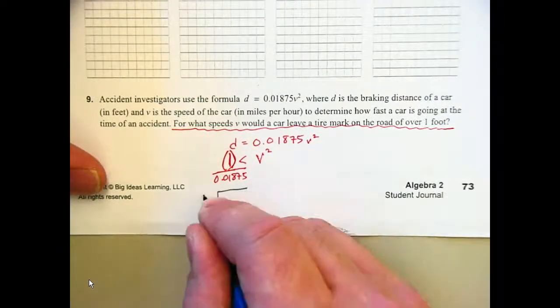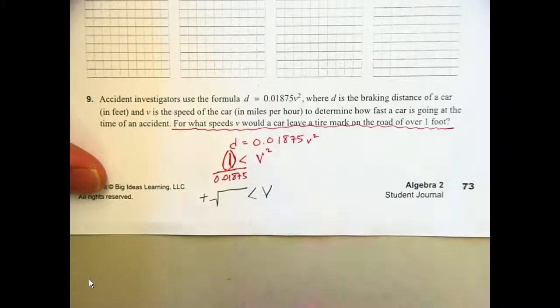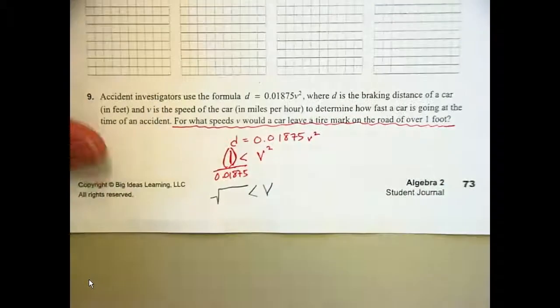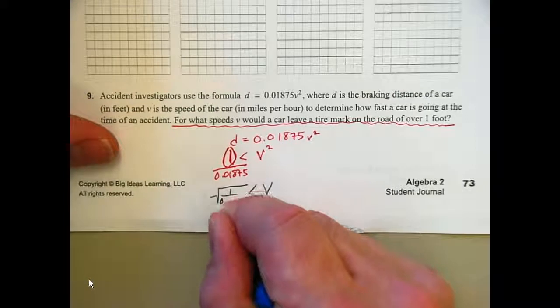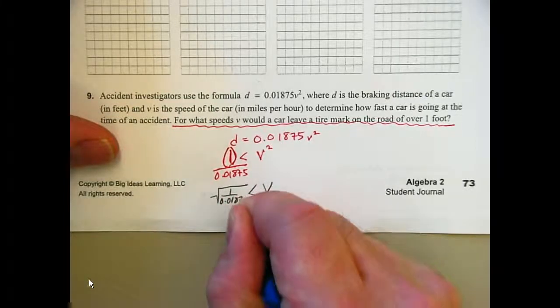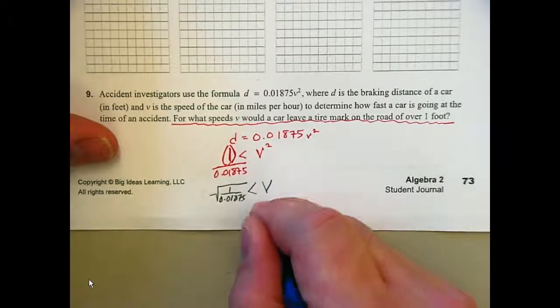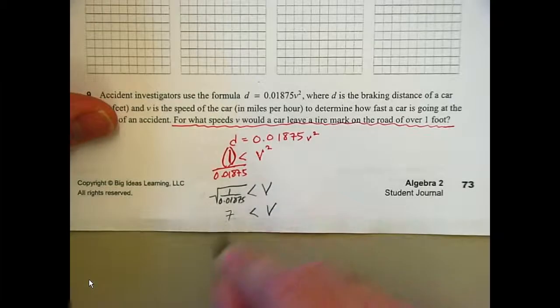However, would a negative velocity make sense here? No, so we'll get rid of the negative square root and just keep the principal square root. Okay? Of all of that stuff. Which gives me an approximate value of v being greater than 7 point something. And that is miles per hour.